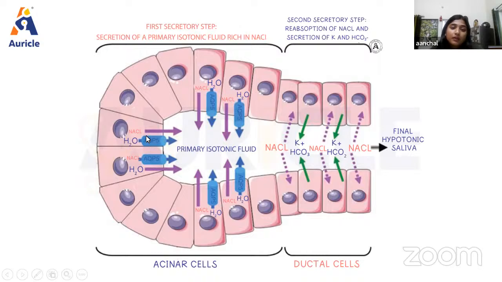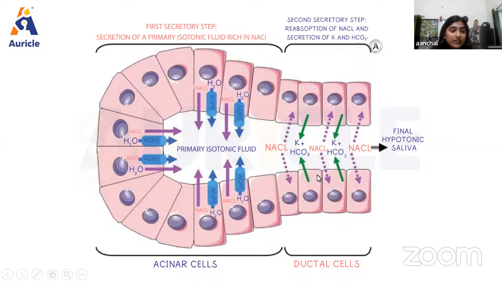Whenever we look at the acinar cells, as you can see, they have some pores that are known as aquaporin 5, which secretes H2O, right? And these acinar cells secrete Na and Cl. So basically, the main function of the acinar cells is to secrete sodium and chloride. Next we have the duct cells.